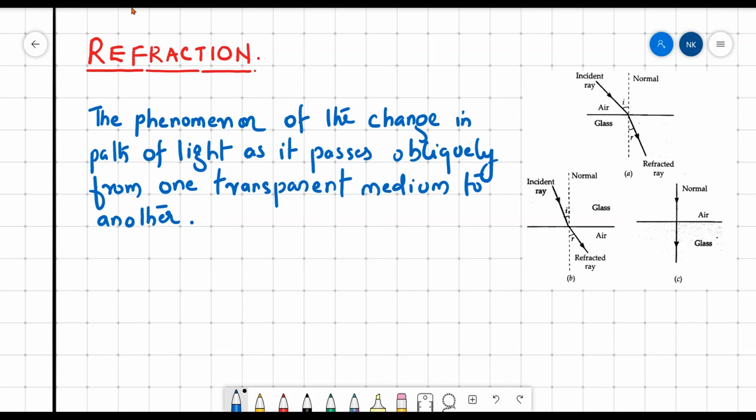Dear students, in this lecture we are going to discuss refraction. The definition says: the phenomenon of change in path of light as it passes obliquely from one transparent medium to another is known as refraction.